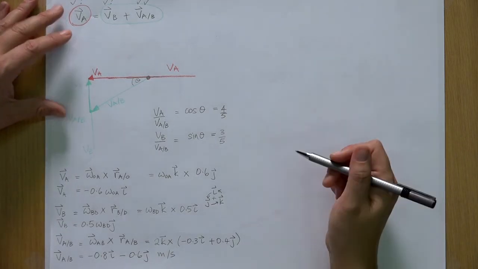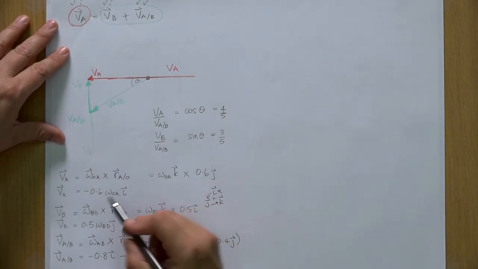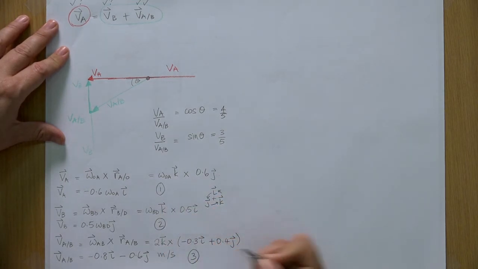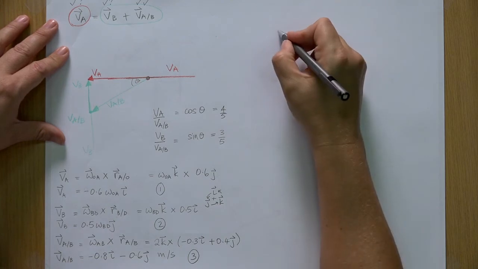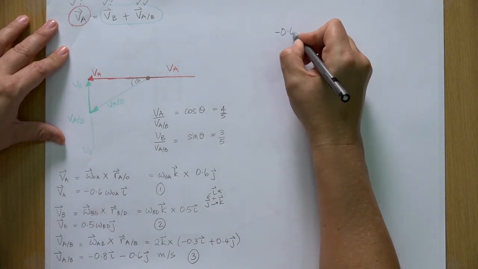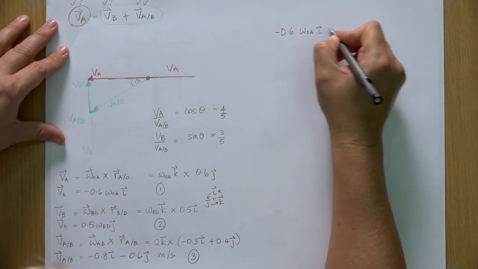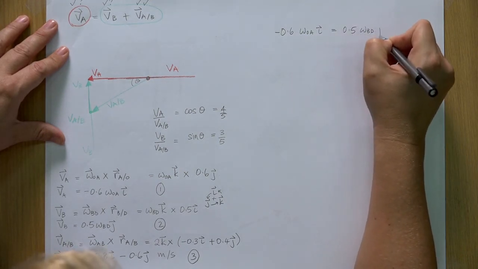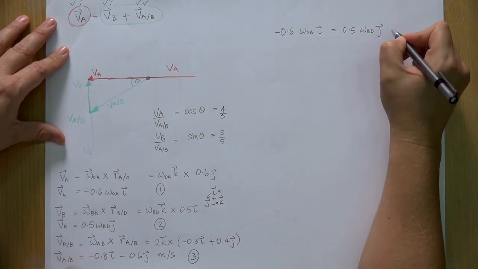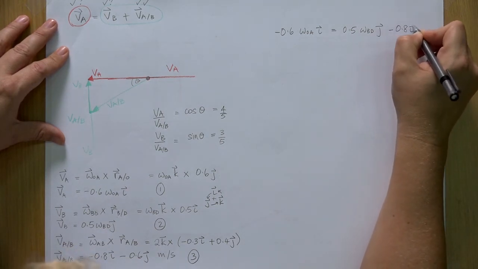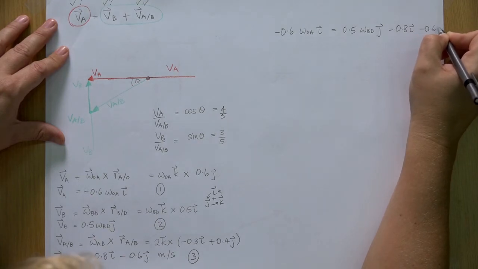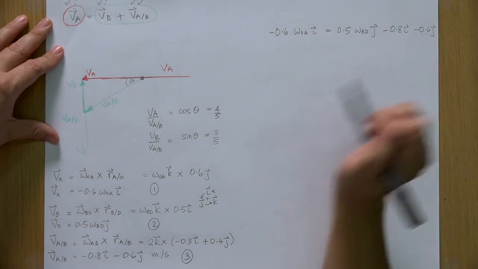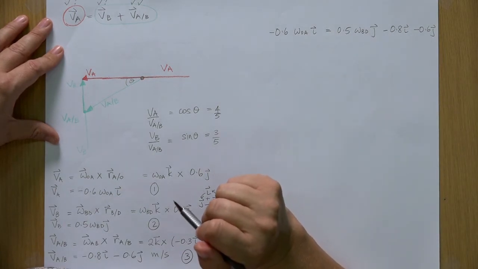So when I substitute each of these three expressions into the relative velocity equation, we find minus 0.6 omega OA I equals 0.5 omega BD J minus 0.8 I minus 0.6 J. Okay, now we solve this equation by grouping I and J components.